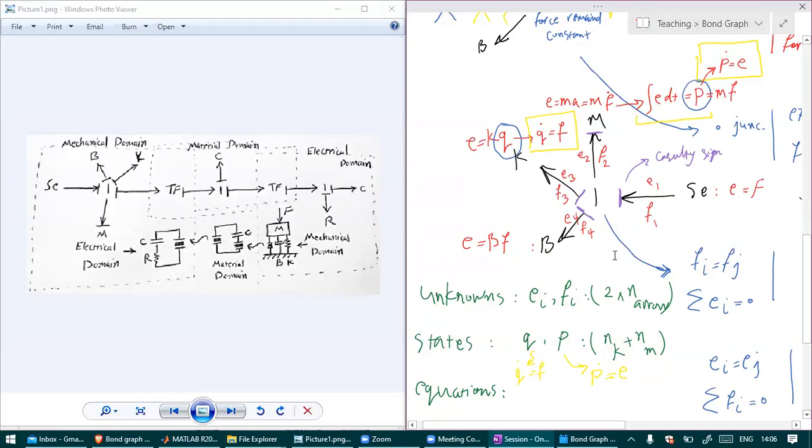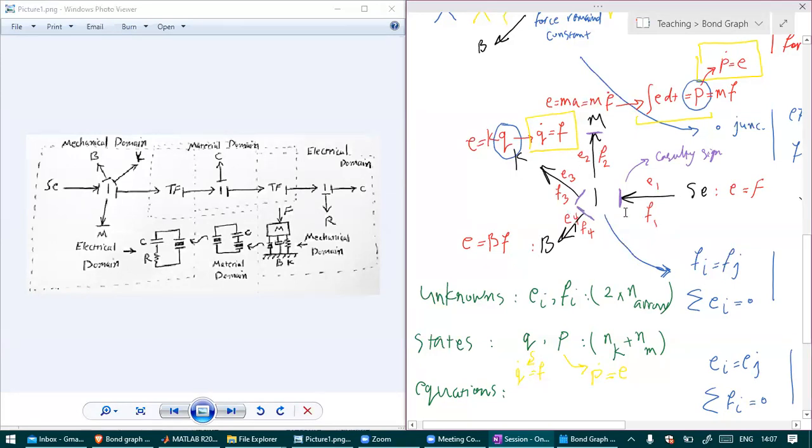But that's the meaning. What is the importance of that? I know that this damper defines the effort, but it is constrained to the flow defined by the system for it. Or the mass defines the flow, but it is constrained to the effort defined by the system for it.